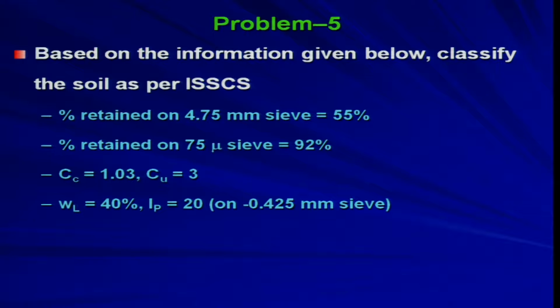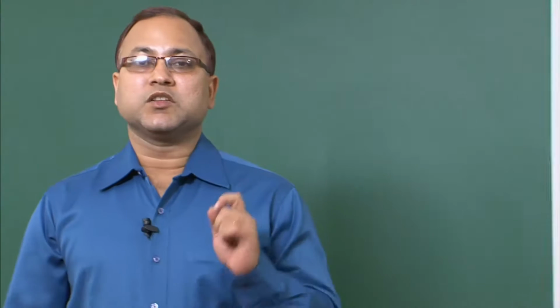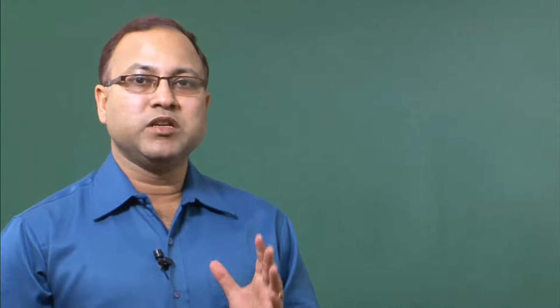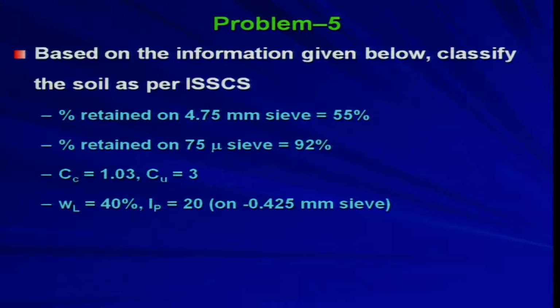The percentage retained on the 4.75 millimeter sieve is 55%, the percentage retained on the 75 micron sieve is 92%, the coefficient of curvature is 1.03, whereas the coefficient of uniformity is 3, the liquid limit is 40% and the plasticity index is 20. So, based on this information, we need to classify the soil as per the Indian soil classification system. Now, let us see how we can proceed to find out the classification of this particular type of soil.